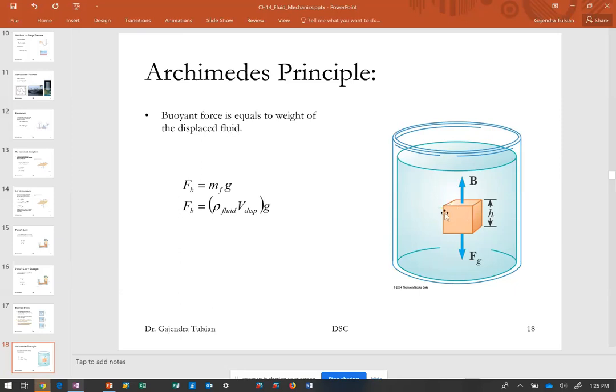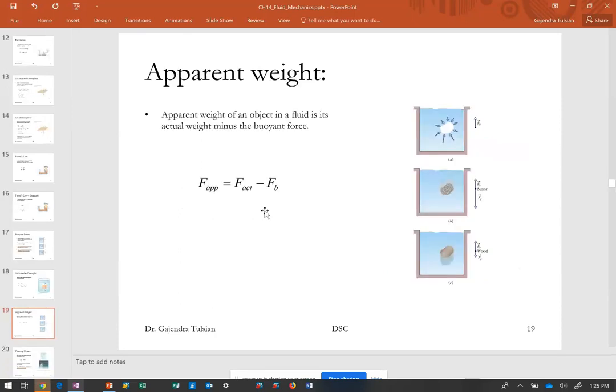What that means is, this object displaced that much fluid, and the buoyant force is equal to the weight of that much fluid. So the buoyant force is the fluid density times the displaced volume times the acceleration due to gravity. That's the weight of the displaced fluid.